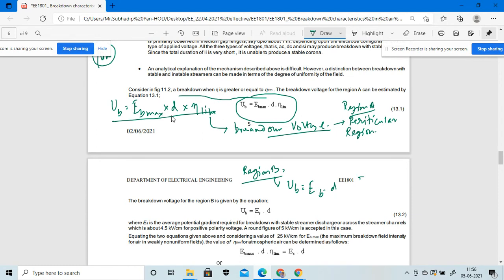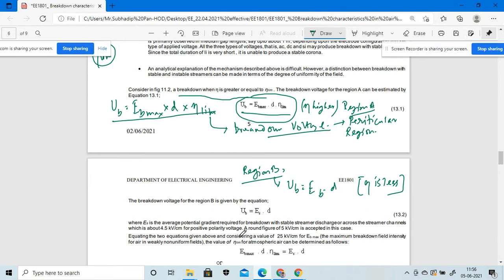For that case, this mu will be very less, so we will not consider the mu. But in this case we will consider the mu because the mu value has a higher value.